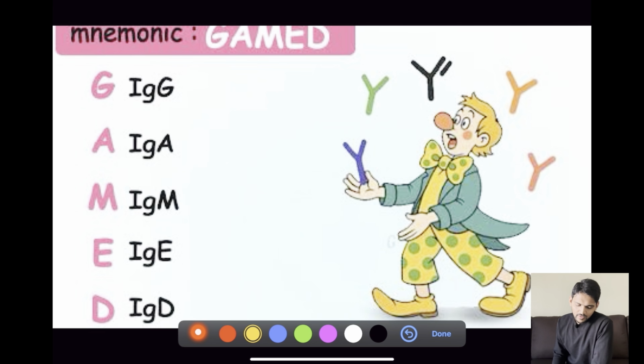And we said that B cells will act through these 5 antibodies. We have to know about them a little bit also. G is the commonest one. It is guardian. Like we can compare this antibody with Bahubali's Kattappa.